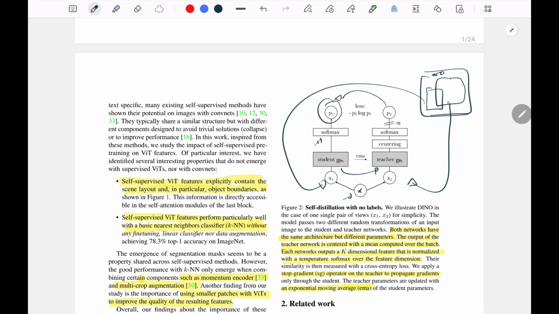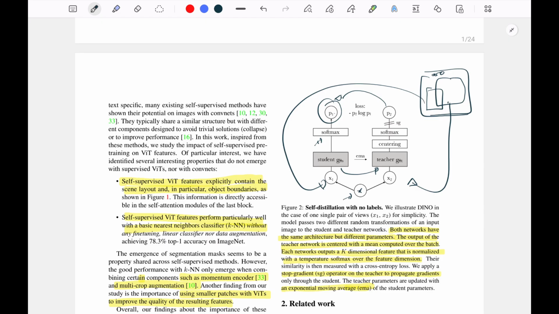From an intuition perspective, this should not work. There are certain problems: the model can easily memorize this and output the same representation, so that the teacher and student output the same output.